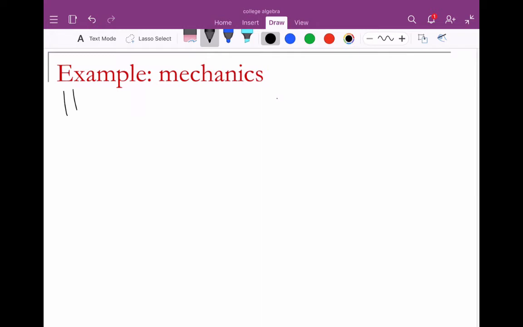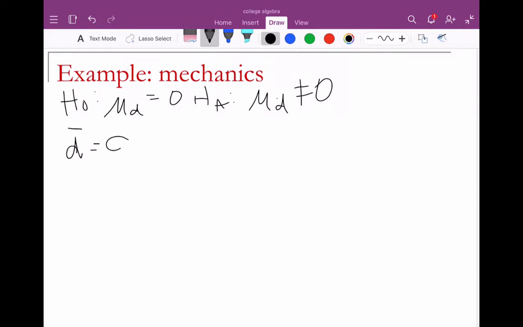So I'm going to recopy the null and alternative hypotheses. Again, the mean difference is 0, and the alternative is that the mean difference is not equal to 0. I have to calculate the mean and standard deviation of the differences. The mean difference ends up equaling 982, and the standard deviation of the differences is 1,139.57.